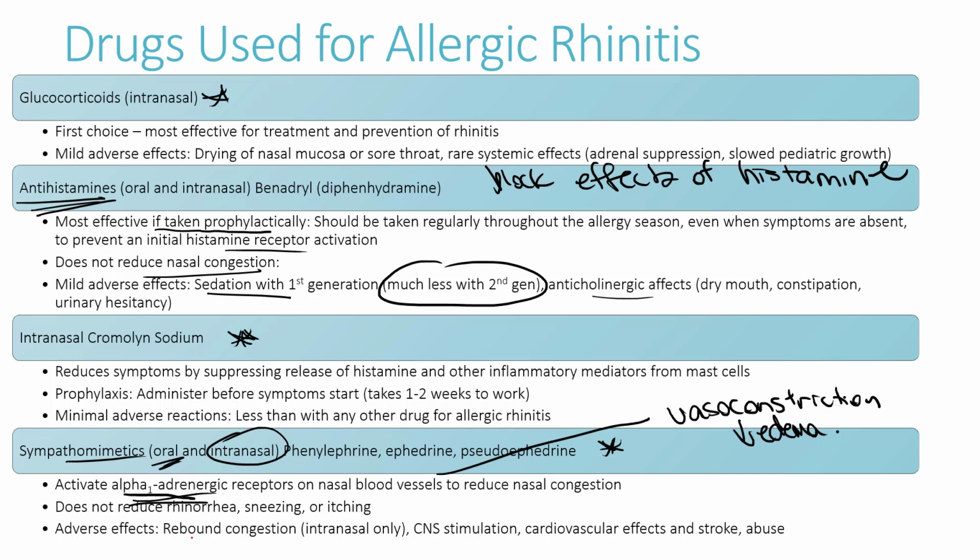And again, there might be rebound congestion only with intranasal use. And with both intranasal and oral use, there is a chance that it will activate other sympathetic receptors found in the brain, so it can cause CNS stimulation, and also sympathetic receptors found in the heart to cause a stroke and other cardiovascular effects, and it also has the potential for abuse.